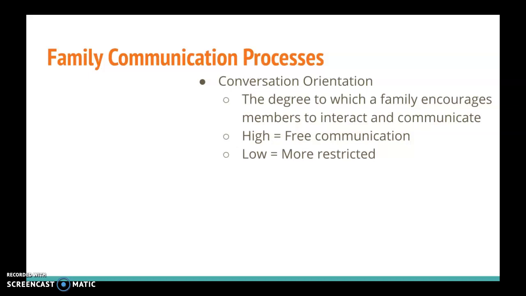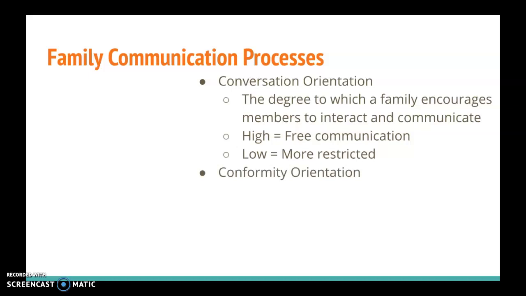In addition, not everyone's input may be sought for decisions that affect everyone in the family. Open and frequent communication isn't deemed as important for family functioning or for a child's socialization in these low conversation-oriented families.